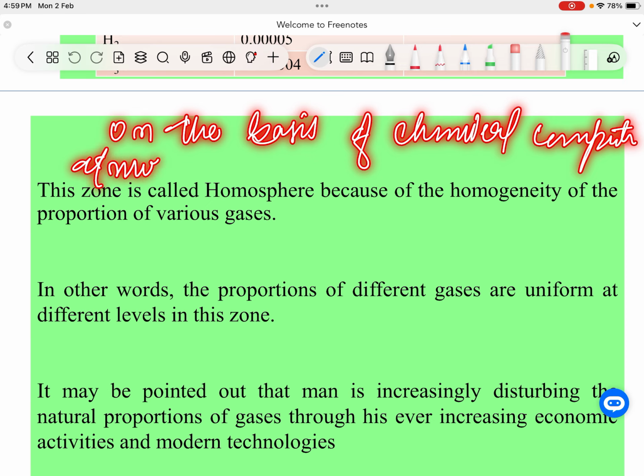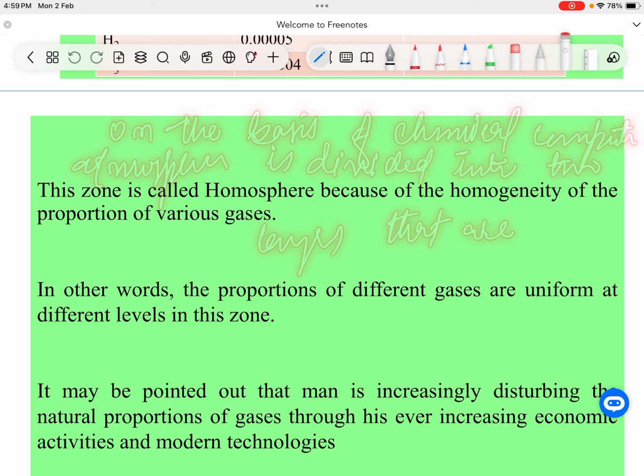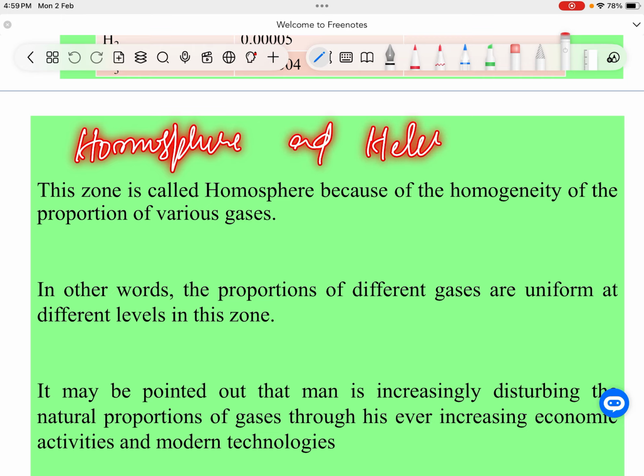Atmosphere is divided into two layers, that are homosphere and heterosphere.